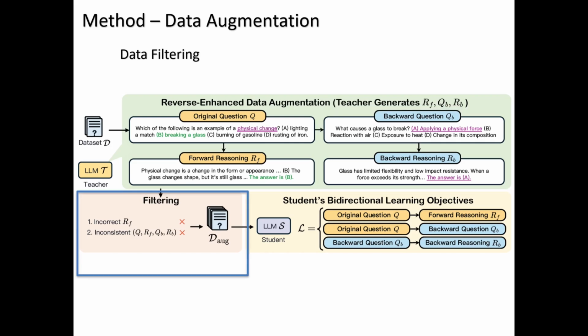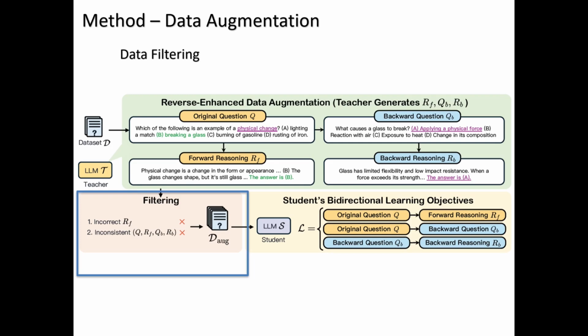The next step is to filter these results, because some of the forward reasoning might be incorrect according to the final answer, and there could be inconsistency between the components of the augmented sample. For example, if in the reversed question it says Emma and Jack have 6 apples together, then it doesn't match the original question's result.